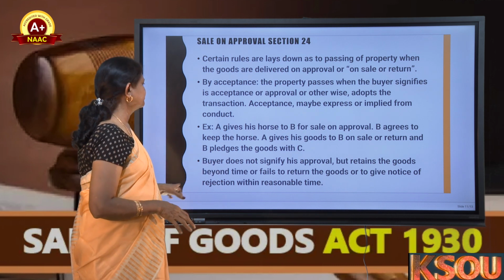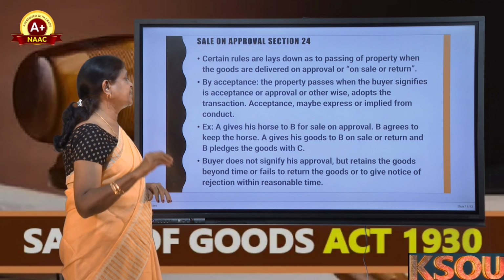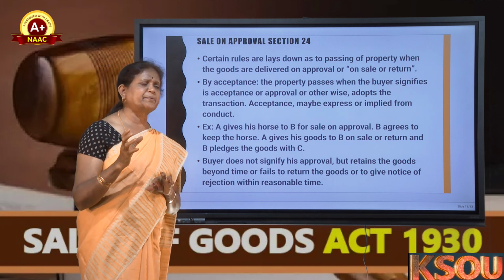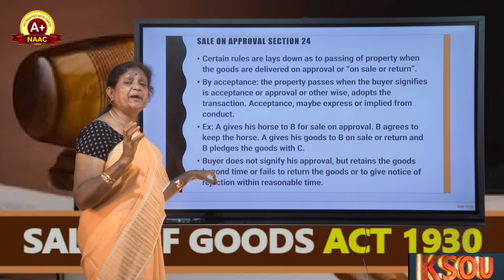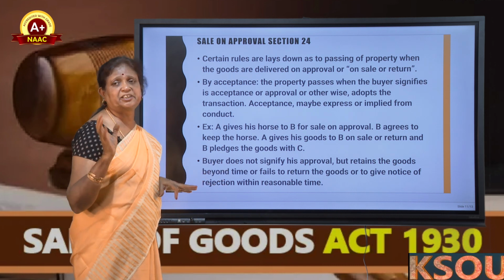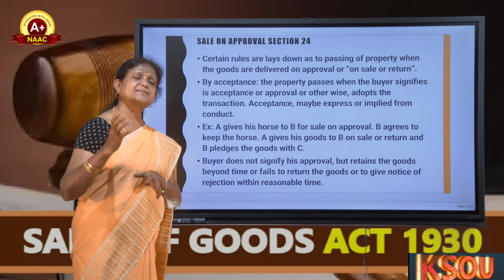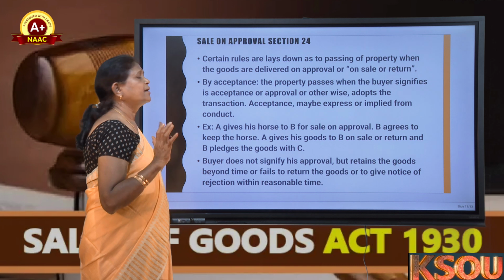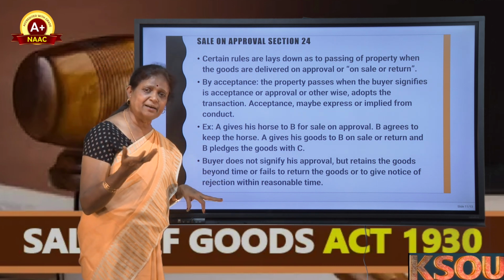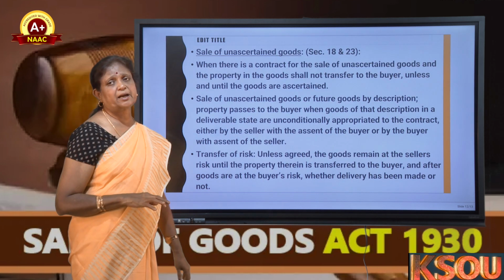Then if the buyer does not signify his approval but retains the goods, that means sometimes the seller has not made any note, either he has accepted or he has rejected but keeps the goods with himself, it is deemed to be consent. In such cases, if the goods have not been returned within a reasonable time, it is considered to be a sale on approval.